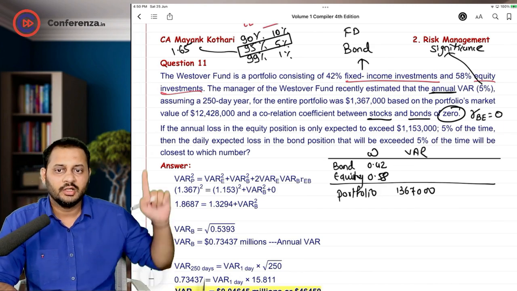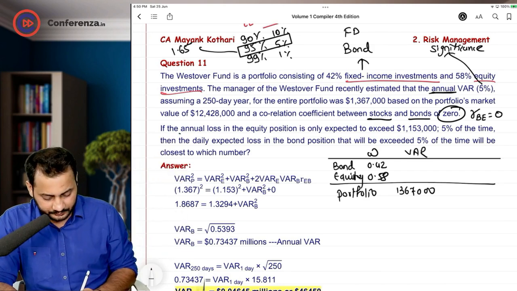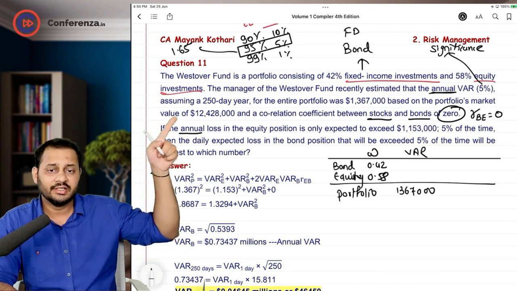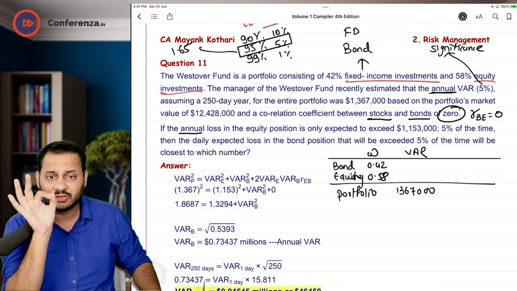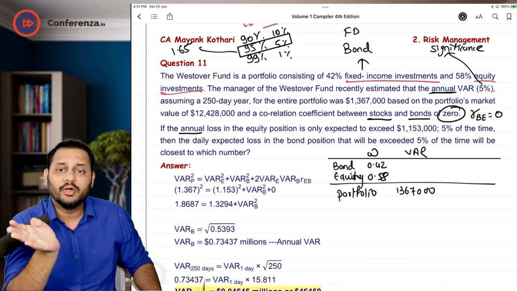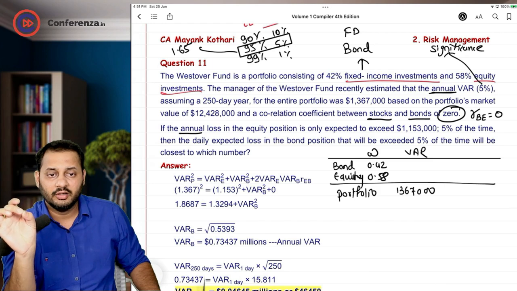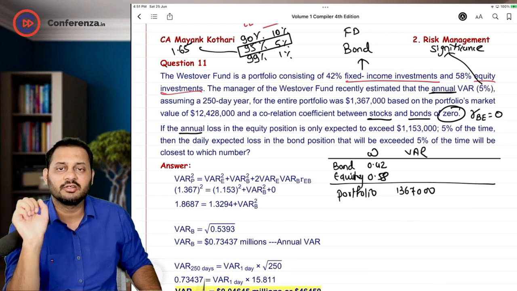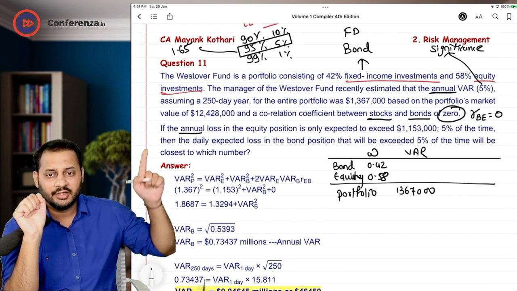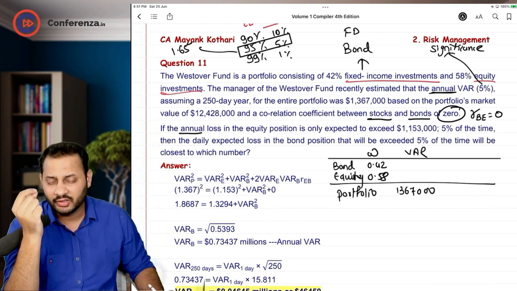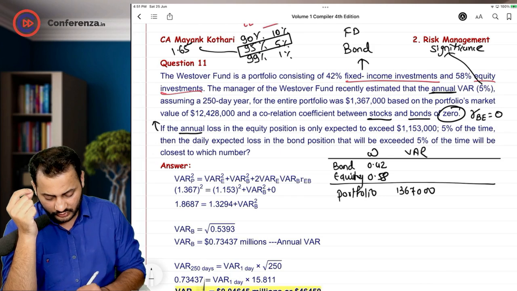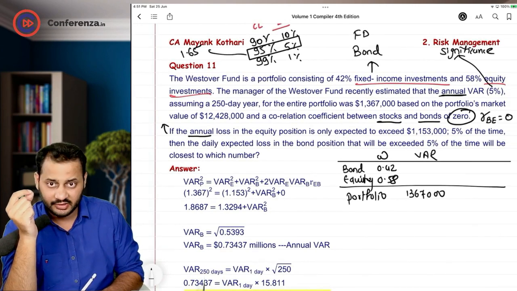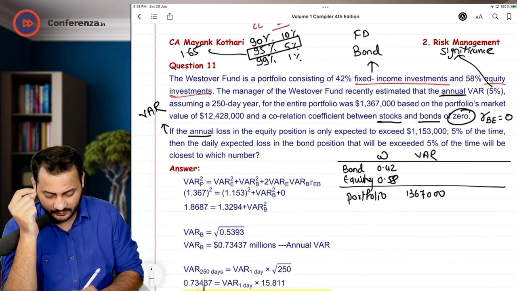Cool. If the annual, underline, loss in the equity position is only expected to exceed 1.153 million 5% of the time. See, the entire statement has only one word. If you want to express it in one word, it is called VAR.